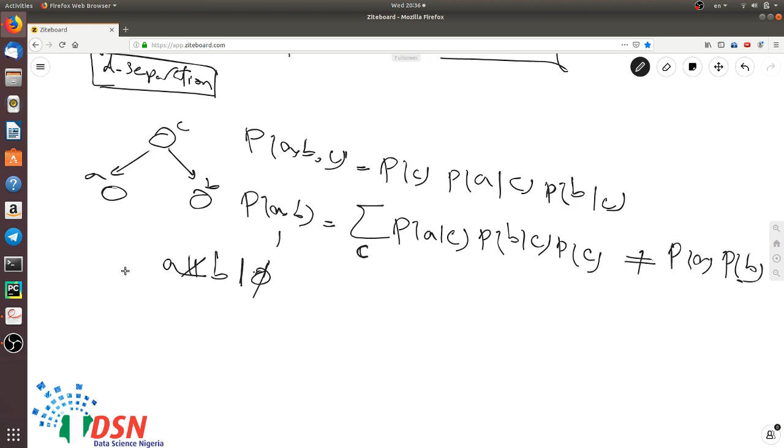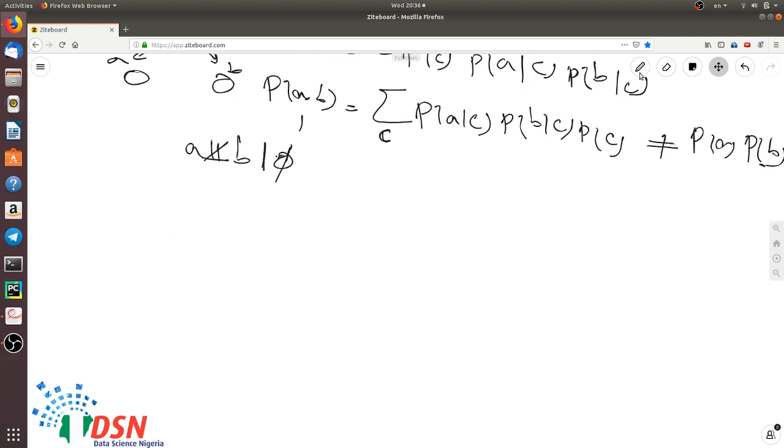Okay, now let's say we want to condition on C. So now we observed a value of C, and I shaded it.